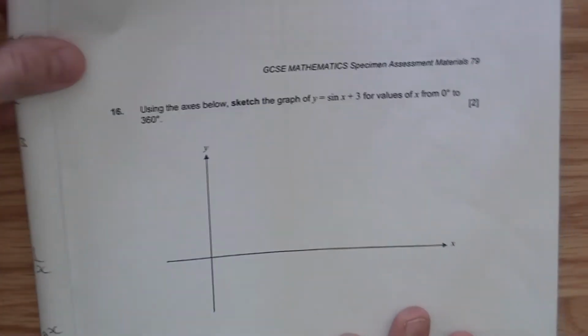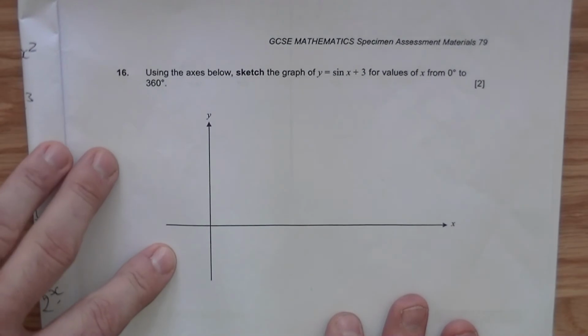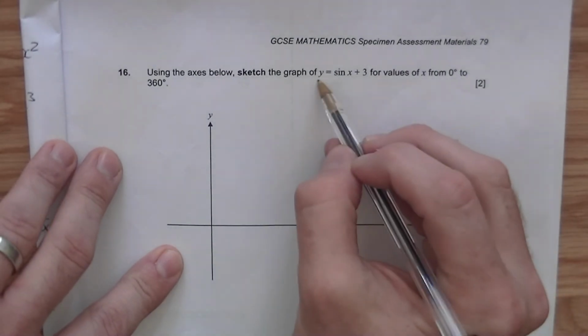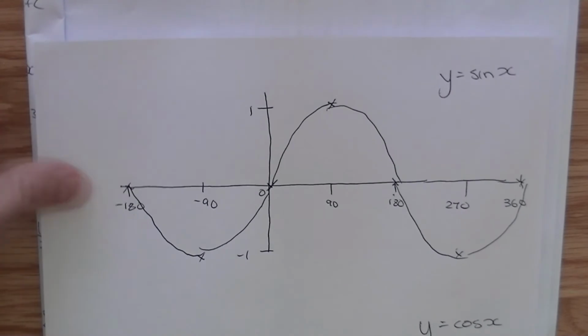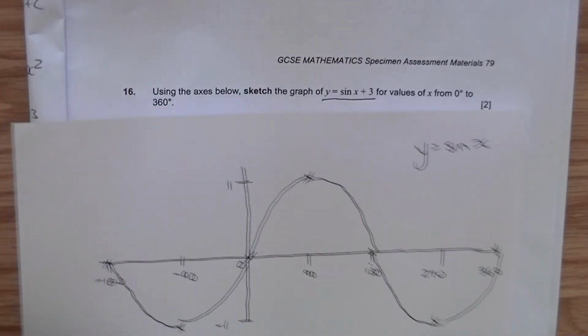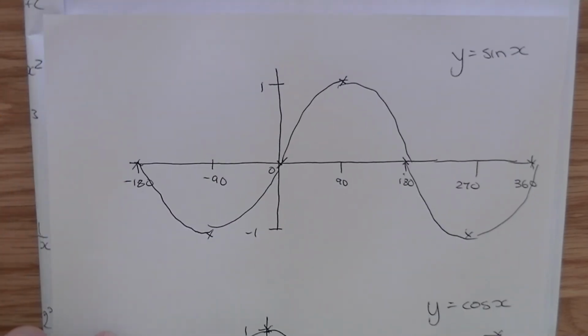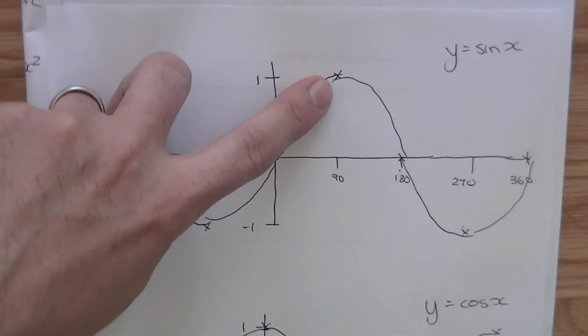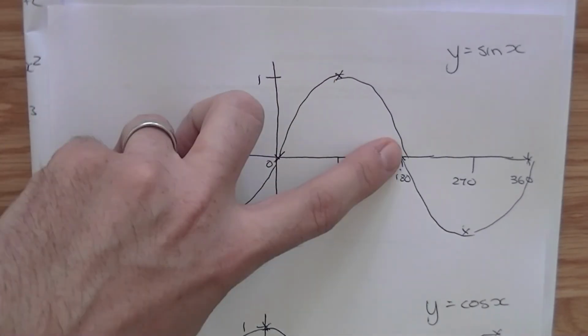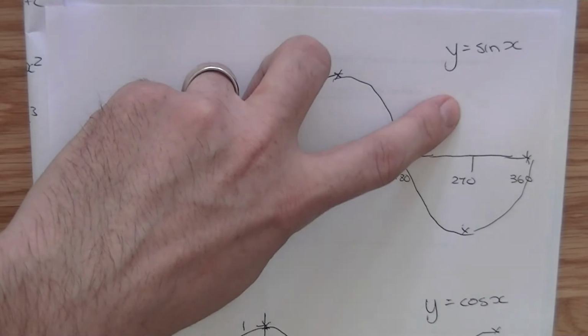The only other one that I thought was interesting here was, and rare, but sketch the graph y equals sine x plus 3. Well, we've already drawn sine x, there it is. But if you want to draw sine x plus 3, basically everything gets moved up 3. So the 0 moves up to 3, and the 1 moves up to 4, and the 0 moves up to 3, and the minus 1 moves up to 2.